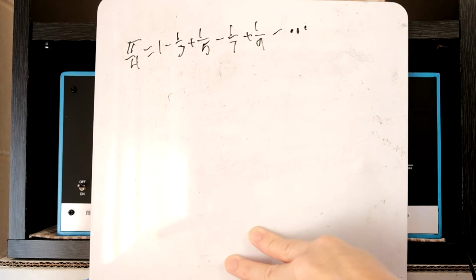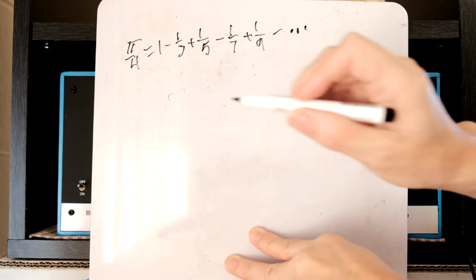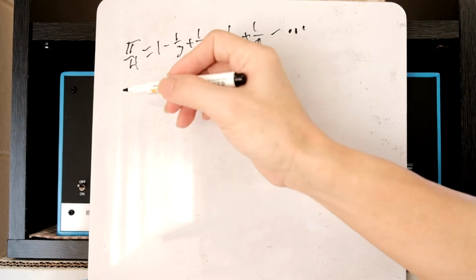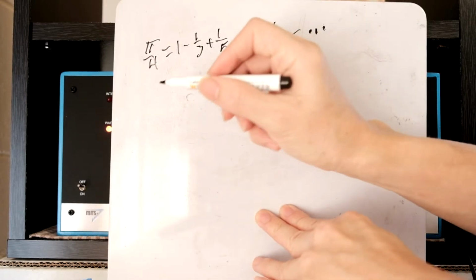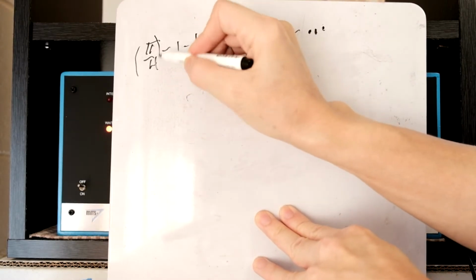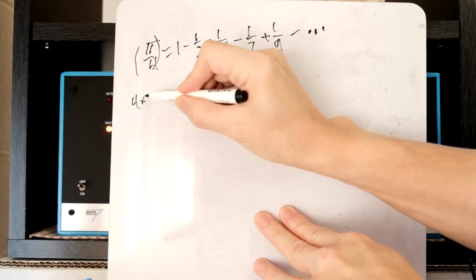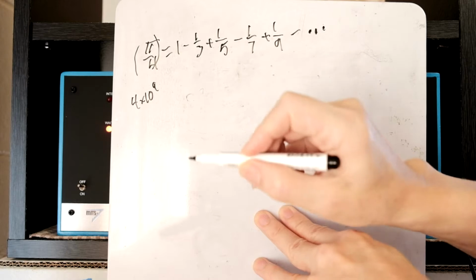For this calculation, we're going to actually multiply everything by 4 times 10 to the 9, which is 4 billion.